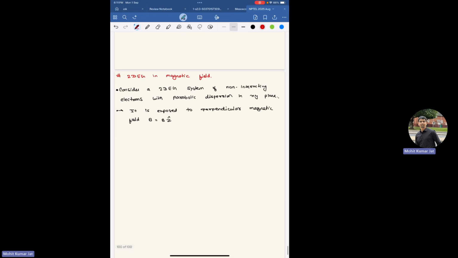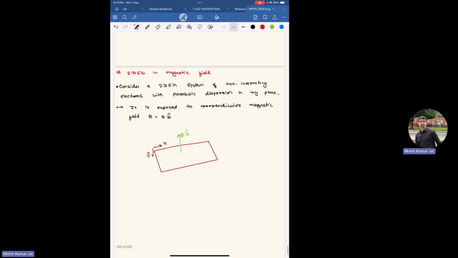The picture which you should have in your mind is this is your 2DEG, for example, in the xy plane, and in the z direction you apply the magnetic field Bz. This is your x, this is your y, and in the perpendicular direction you apply z.